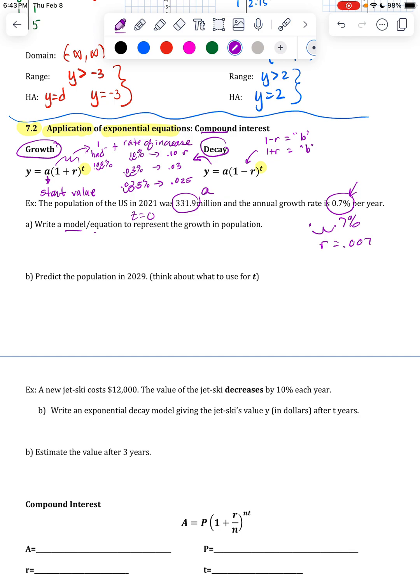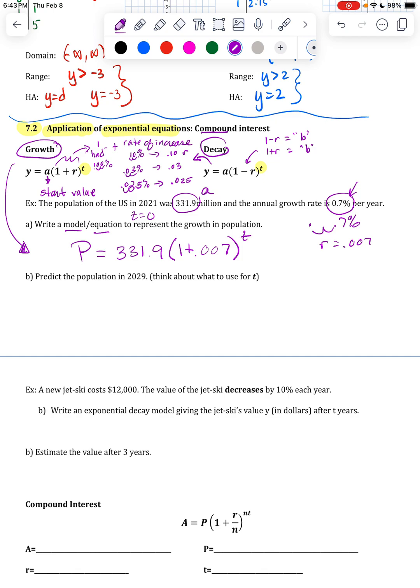Write a model or equation to represent the growth. Okay, well, it's growth because it's increasing. So you're saying the population is 331.9 million, and then I'm going to have the population that I had plus 0.007 for t years.